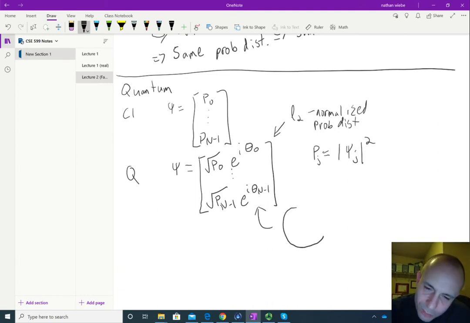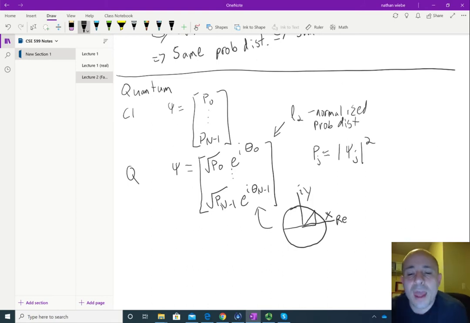Each of them is some value on the unit circle, where this is the real part, let's call it x, and this is the imaginary part, let's call it iy. These points correspond to x squared plus y squared equals 1. So all of these values, e^{i theta}, correspond to a different unit phase.